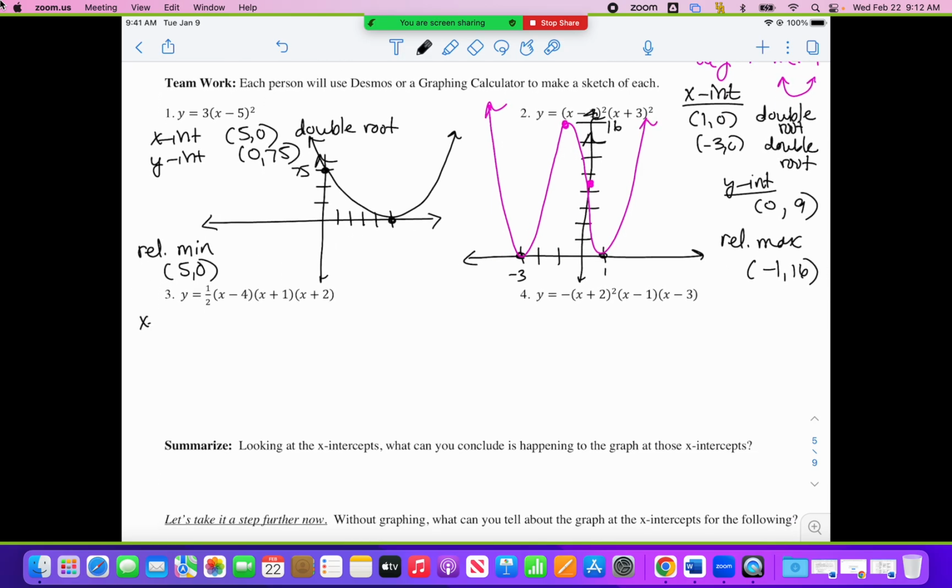All right, on problem 3, I have x-intercepts of 4, 0, -1, 0, -2, 0. I had a y-intercept of 0, -4.